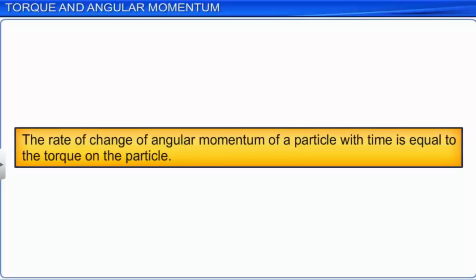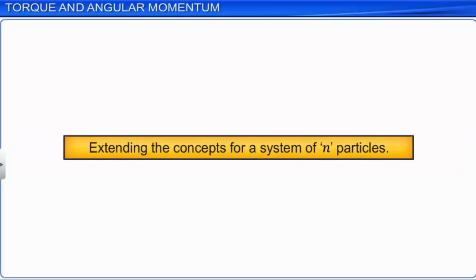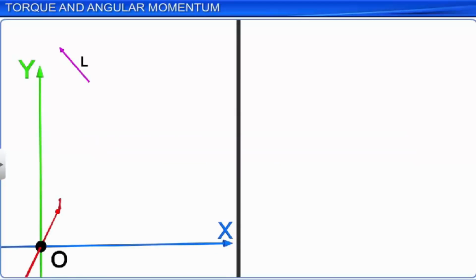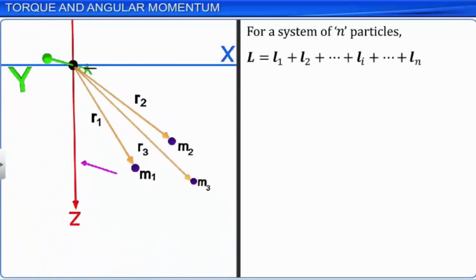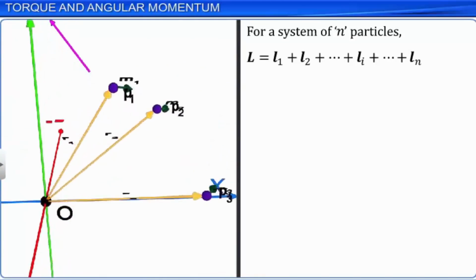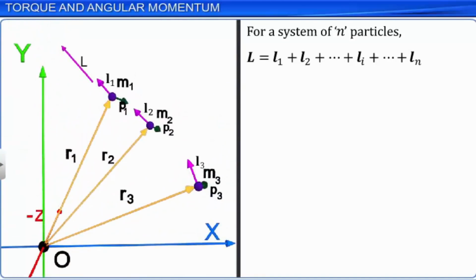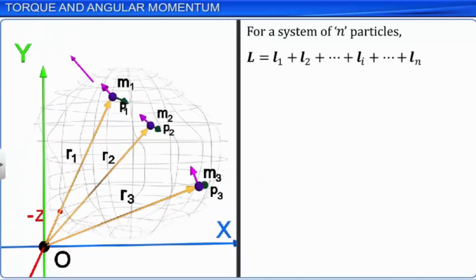Now, we can extend the concepts for a system of n particles. The angular momentum of a system of particles about the origin is equal to the vector sum of angular momenta of individual particles taken about the same origin. This implies that L is equal to sigma Li, which is equal to sigma ri cross pi.